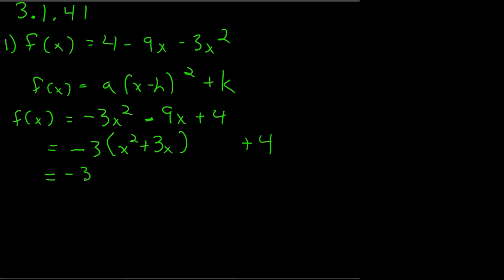Now I want to complete the square on the inside. So I half this and square it. Half of this is 3/2, and if I square that, I get 9/4.